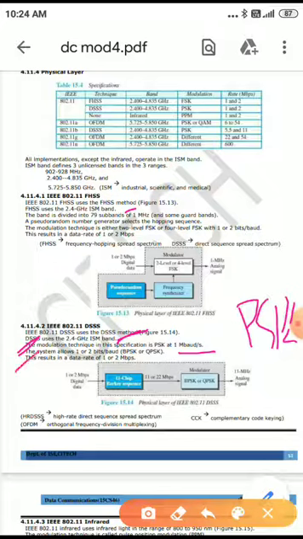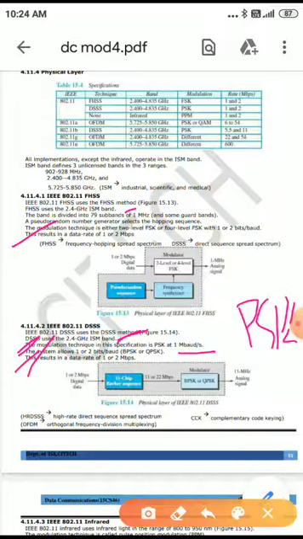Next, it results in a data rate of 1 or 2 Mbps. Here also we get the same data rate.